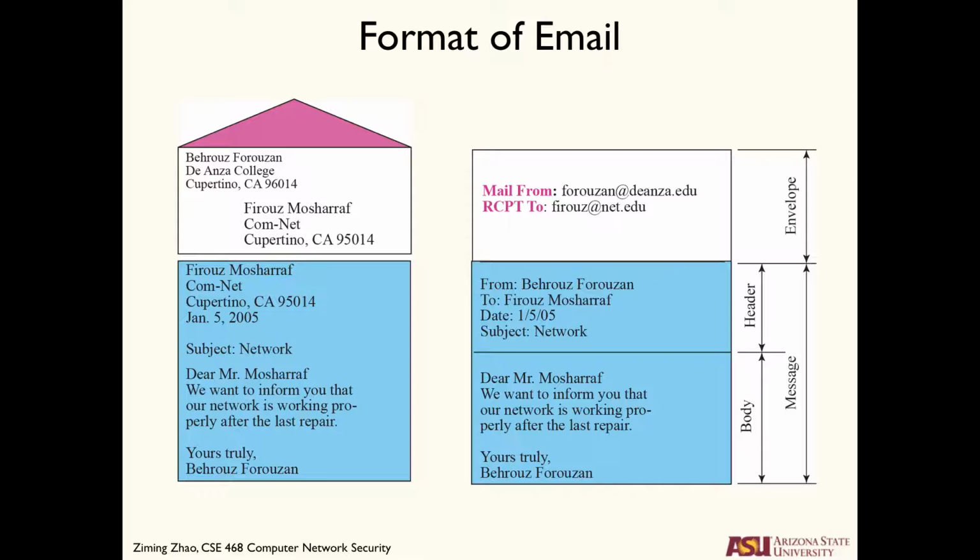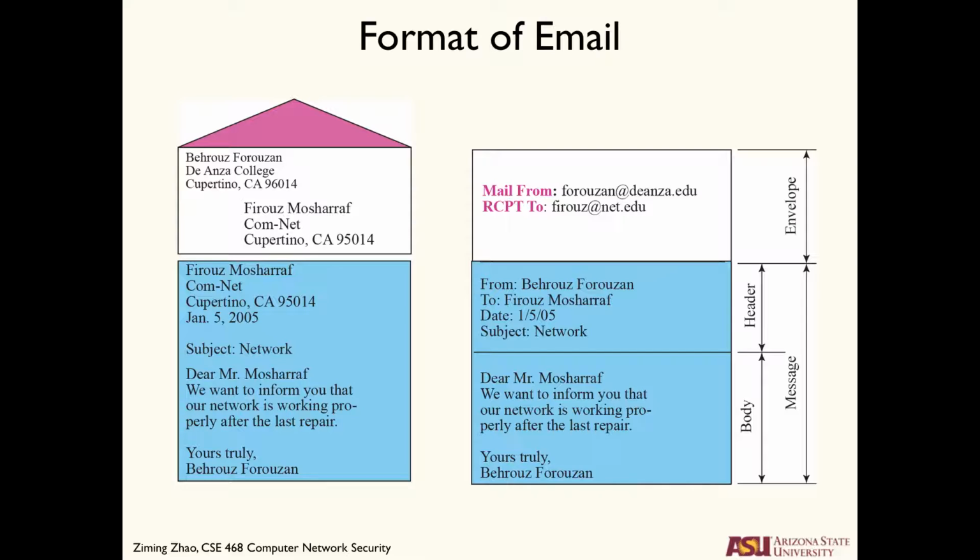So before we look at the security problems of email, we take a look at the format of email. When they designed email, it's very like the mail we used in the post office. So there is an envelope and there is a content.